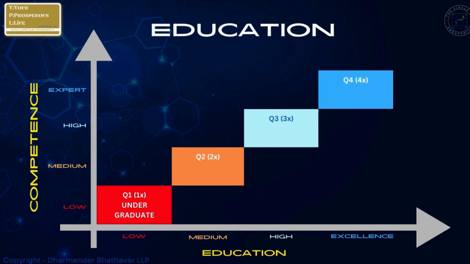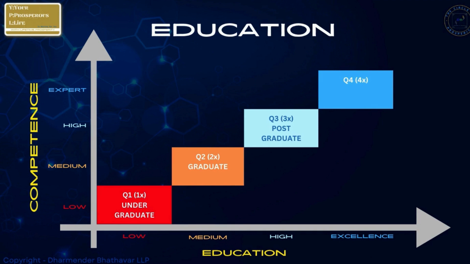If your competency level is medium and your education is also medium, that means you have placed yourself in quadrant 2 and you are a graduate. If your competency level is 3, that is high, and you are highly educated, that means you are placed in quadrant number 3, your nXP is 3x, and you are a postgraduate.